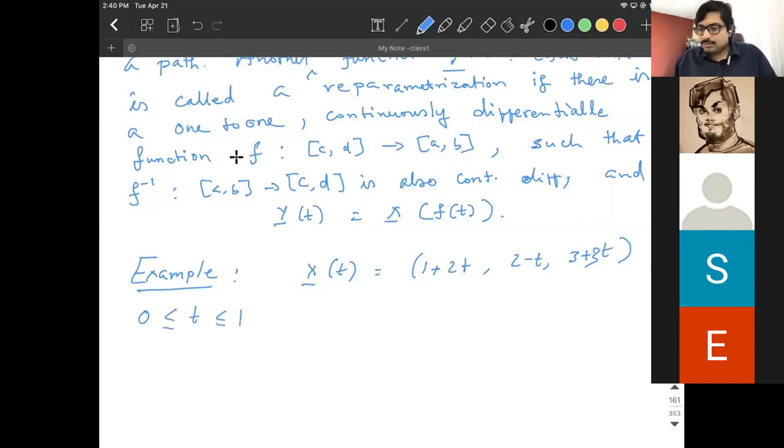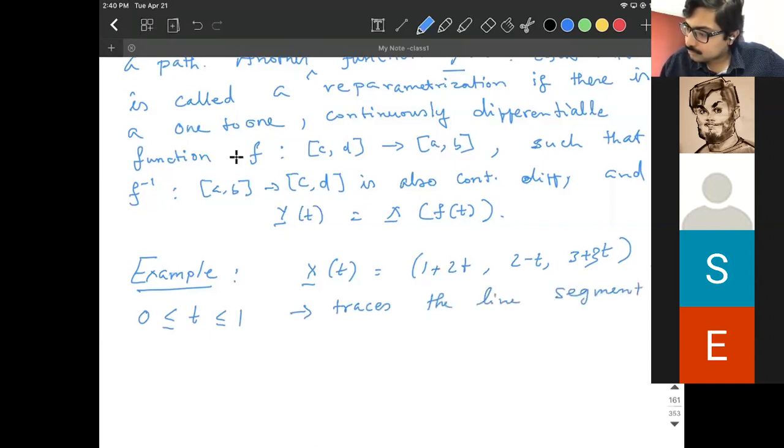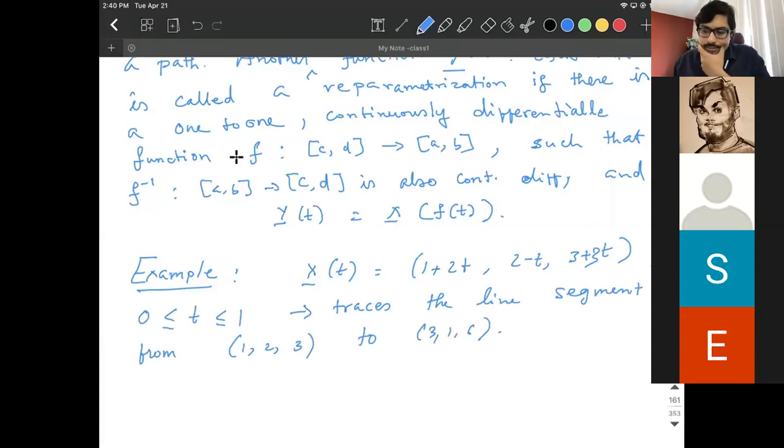So t varies from 0 to 1. So this traces the line segment from (1, 2, 3) to (3, 1, 6). Okay, so this is a straight line from this point to that point.